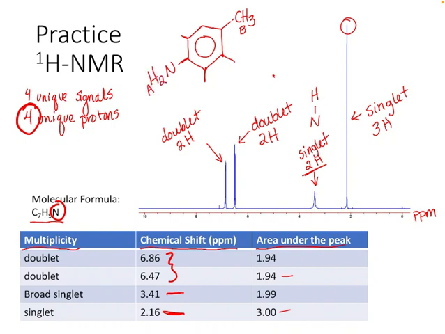All right, so we've got our A protons and our B protons again. Now let's see if we can figure out if this is the correct structure. The one thing I'm noticing with this structure is we have a plane of symmetry.